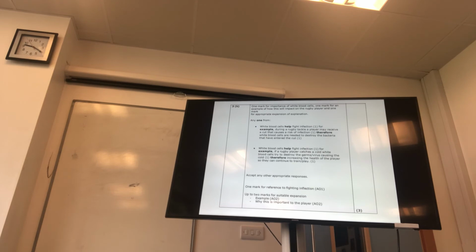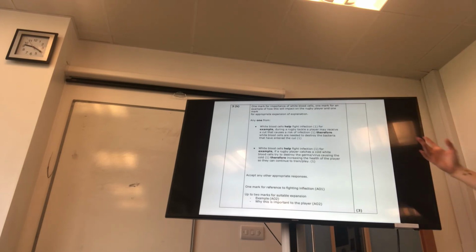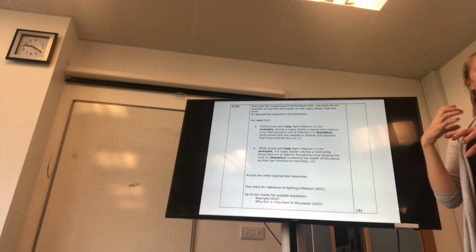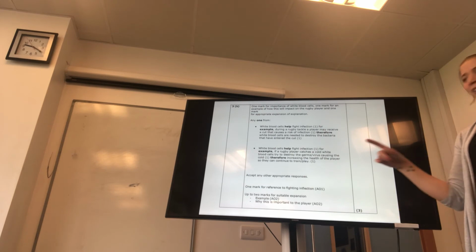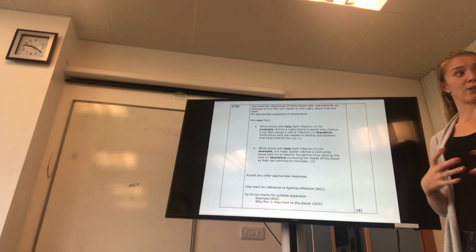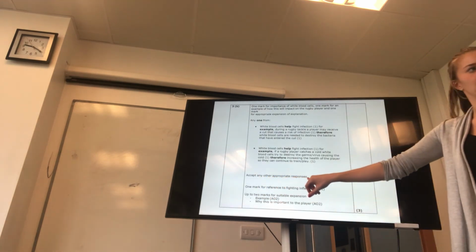We will use the Olympics a bit later on in the course, because the Olympics is always a good sporting example to use when we talk about lots of the different topics that we'll go on to. But yeah, there'll be lots of questions where you use your common sense alongside the information. So don't be scared to write bits that you think are relevant just because you haven't read them from a textbook, because they will always say accept any other appropriate responses.